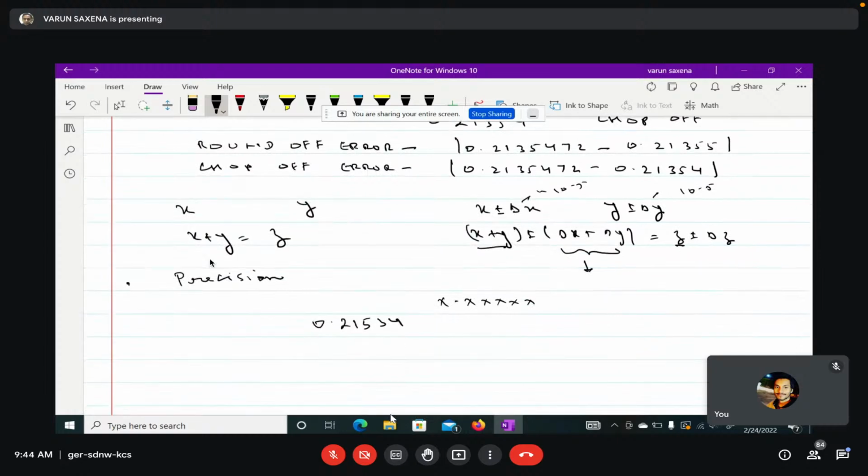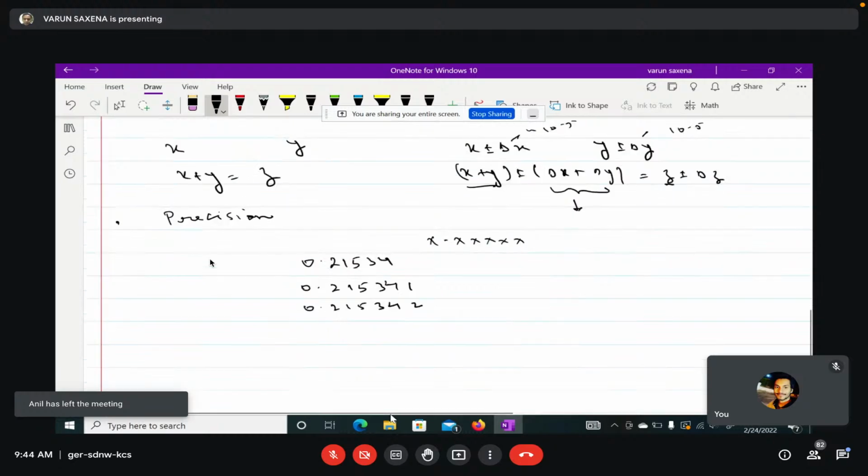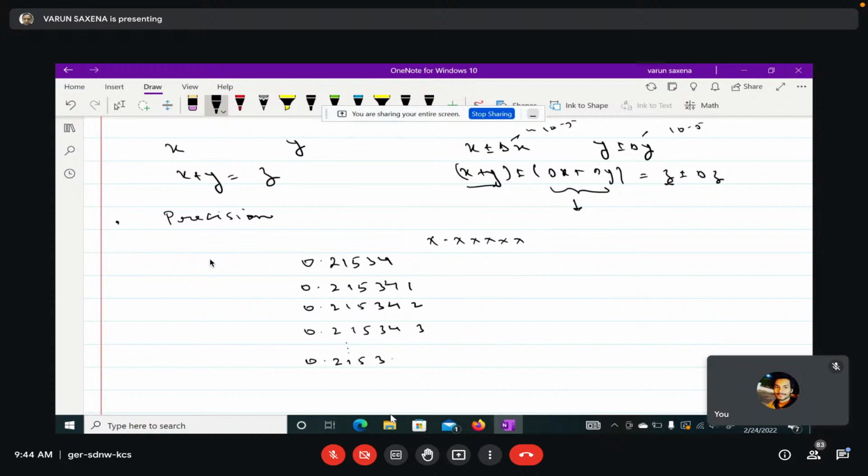Then I have 0.215341, then 0.215342, then 0.215343, and this continues up to 0.215349, and then I get 0.21535.